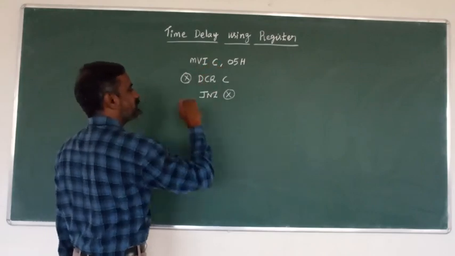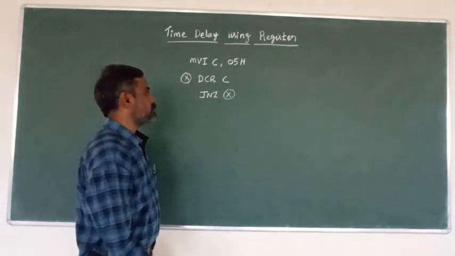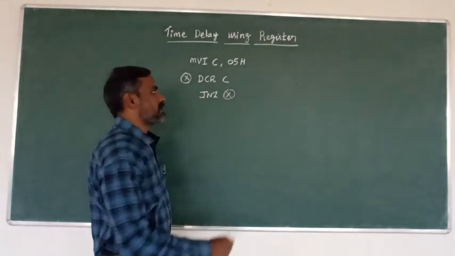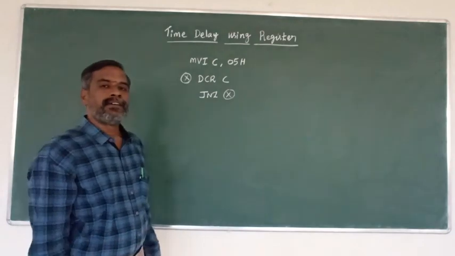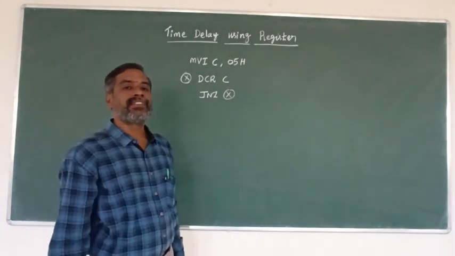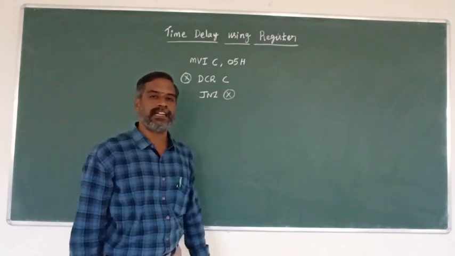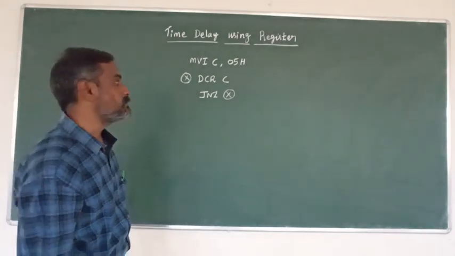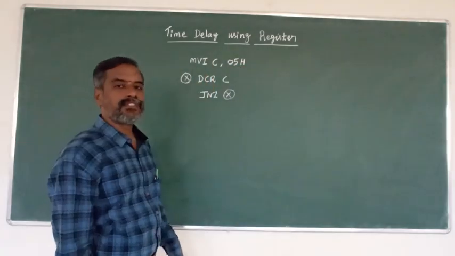So we decrement the C register data till 0. Now to calculate the time delay to decrement the data from 05 to 00, how much time will it take?